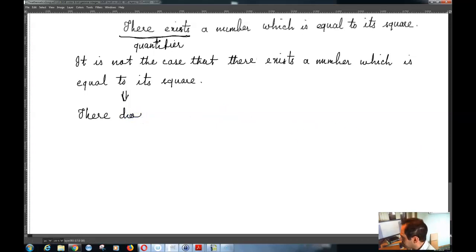They have simply written it this way. They have written it as there does not exist a number which is equal to its square.